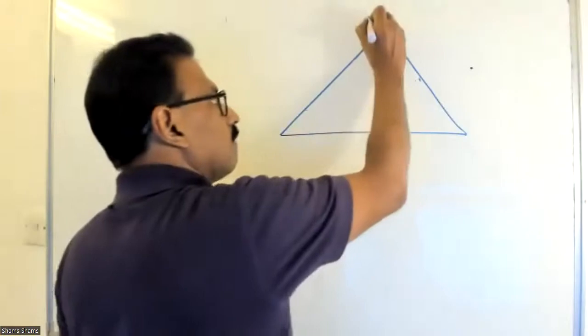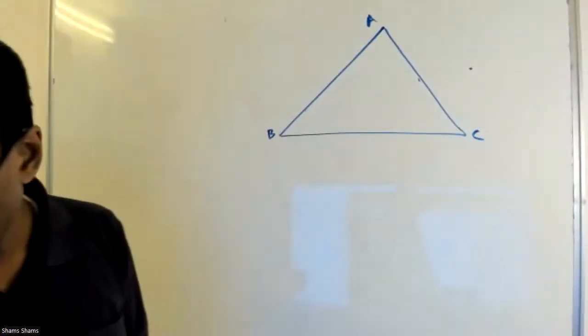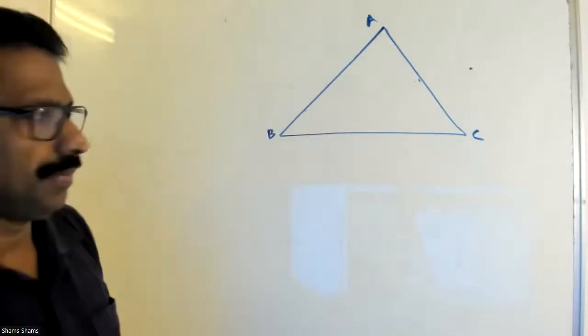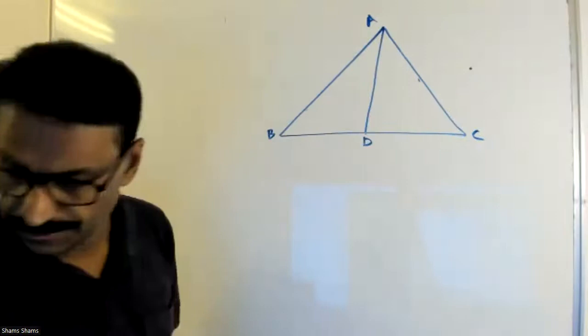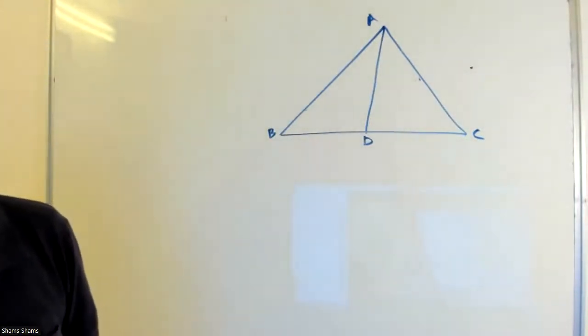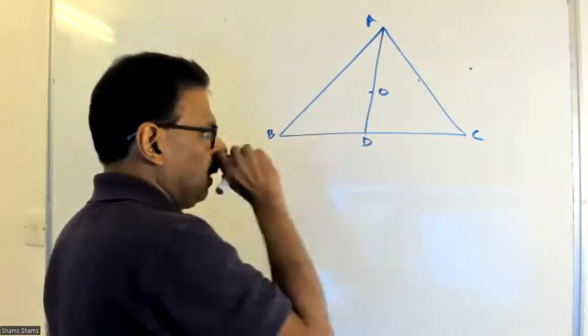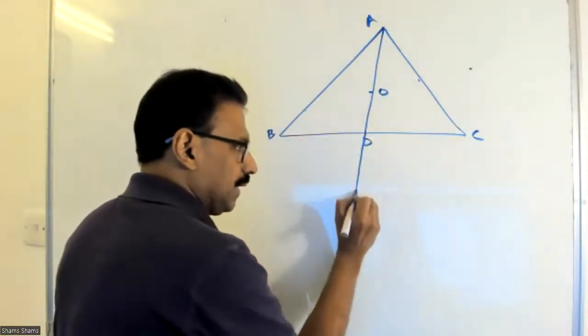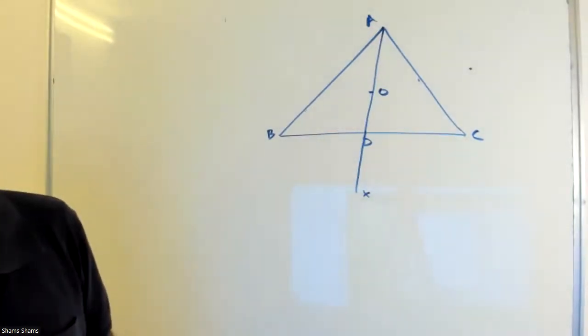A, B, C. Because AD is a median, and O is a point on AD. Here O, and it is extended here to X, OD equal to DX.